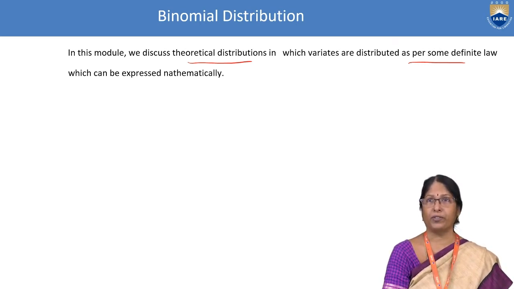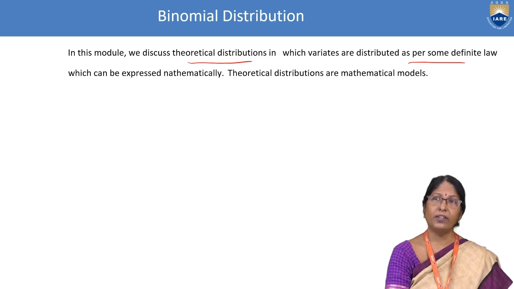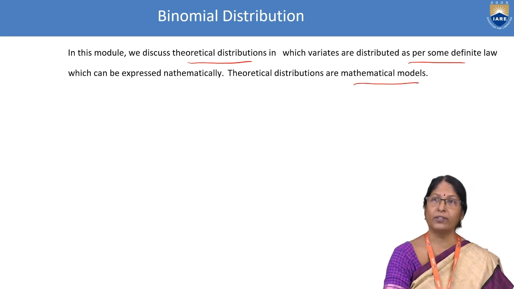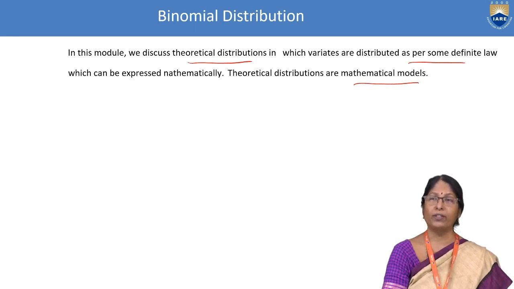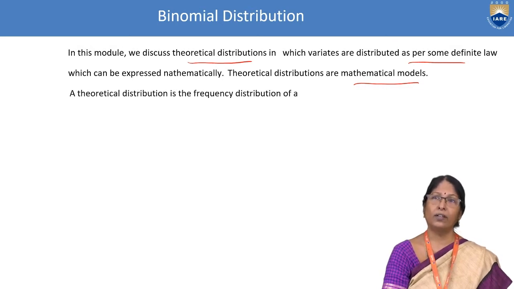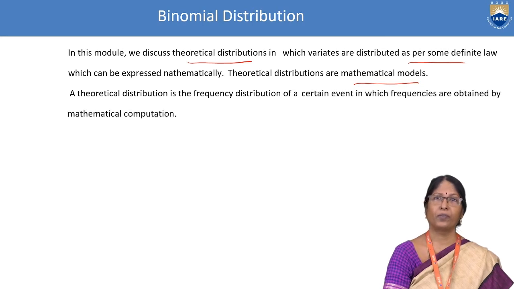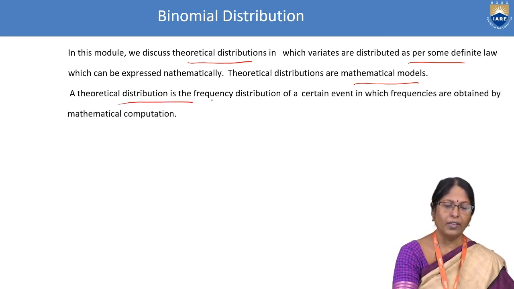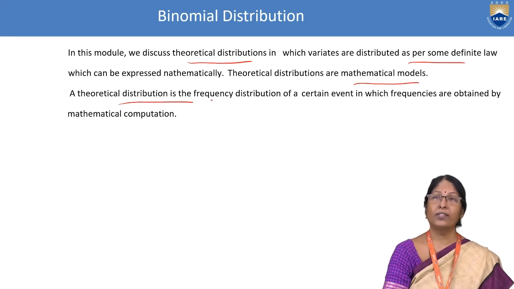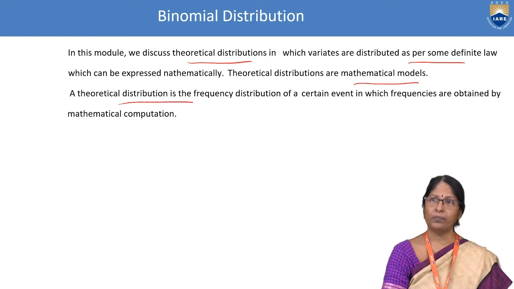These theoretical distributions are nothing but mathematical models, and their results are obtained by computing with software. A theoretical distribution is the frequency distribution of a certain event in which frequencies are obtained by mathematical computation.